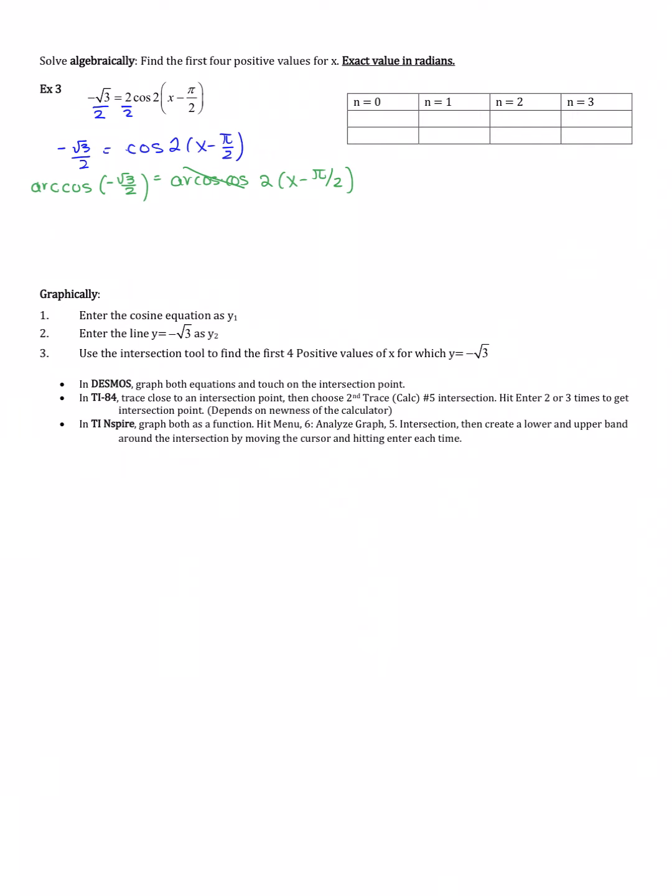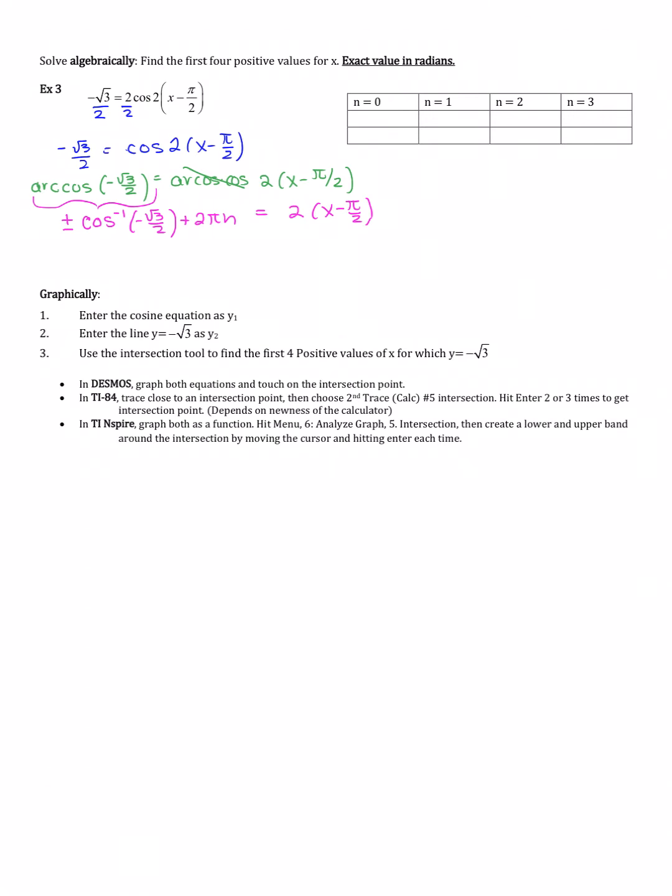And remember, the definition of this is plus or minus the value of arc cosine, which is, here I'm going to write it out again, inverse cosine, negative rad 3 over 2 plus 2 pi n, and that equals now our 2x minus pi over 2.